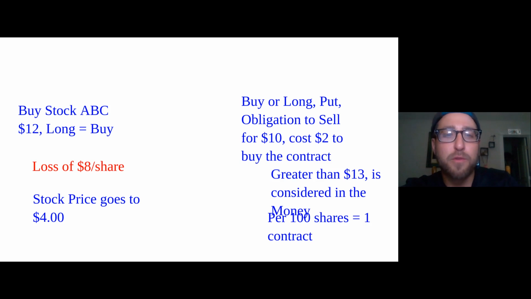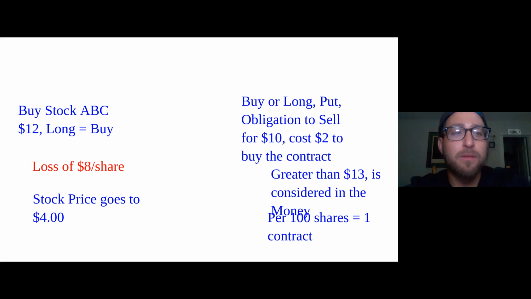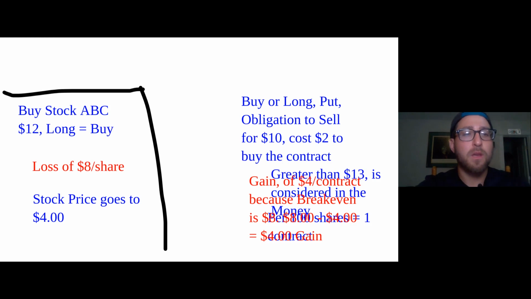So if you buy a put in the short run and the stock price goes down, on the left side here, we have a loss of $8 a share. But in the long run, we believe ABC stock is going to do well.